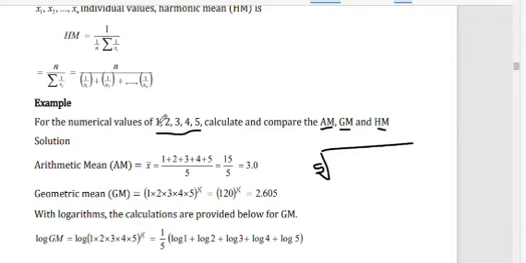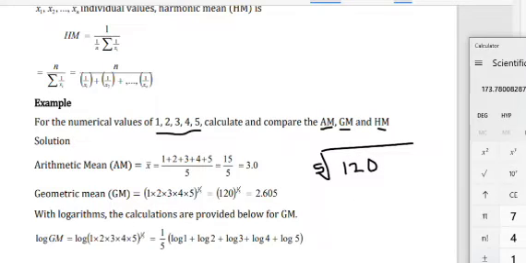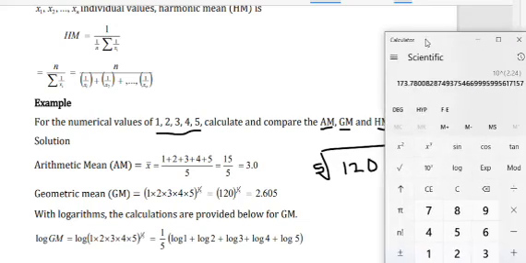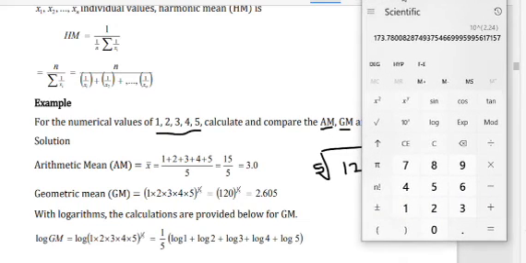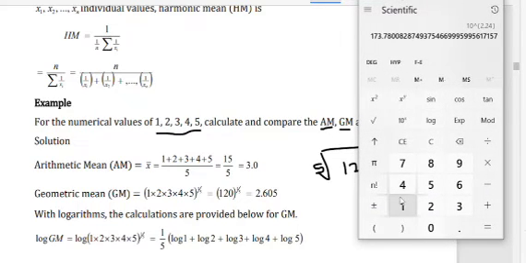So I have 1 times 2 is 2. 2 times 3, 6. 6 times 4, 24. 24 times 5 is 120. So we are going to take the fifth root of 120. On my calculator, I don't have a root key. But if you don't have a root key, what you do is just write 120 raised to power, put a bracket, 1 divided by 5.